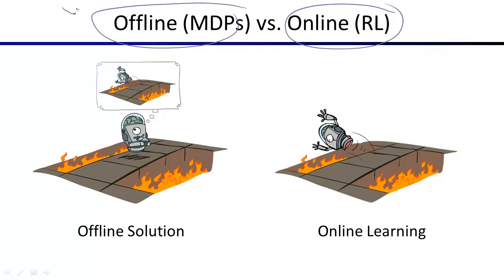In fact, even though in this example, you might think, oh, I can see the fire pit, that's not how RL is set up. You cannot see a fire pit. There's no such knowledge of there are fire pits that could be bad. You just say, oh, I could move east. Let's see what happens. And then the reward is really negative. And they say, well, maybe I try west. The reward is really negative. Then you move north and you say, oh, this was not negative at all. And you kind of keep acting and see what happens, learn about the world, and hopefully learn to act better over time.